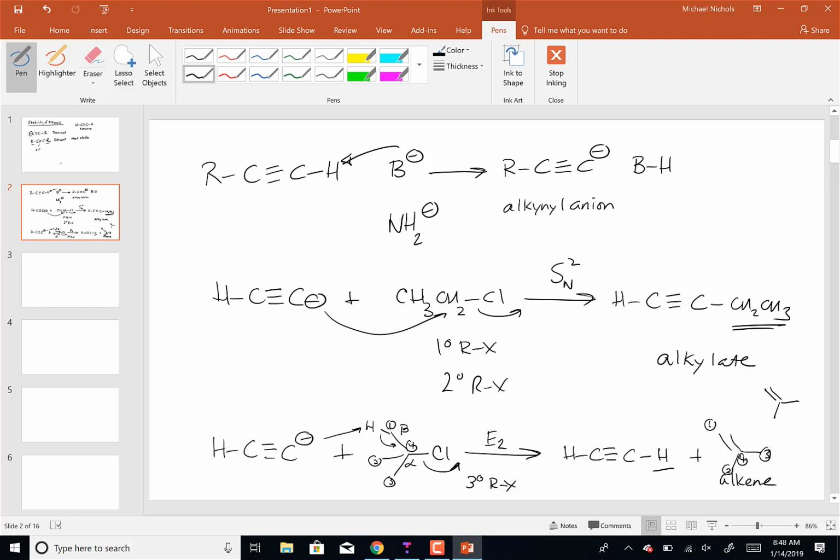So in this case, because this is a linear geometry, and this is actually the carbon removing the hydrogen, that will basically be small, and it won't be sterically hindered.